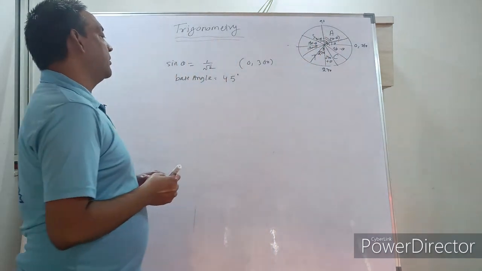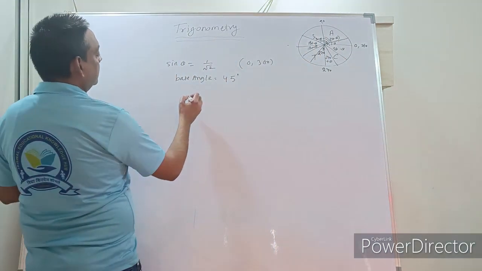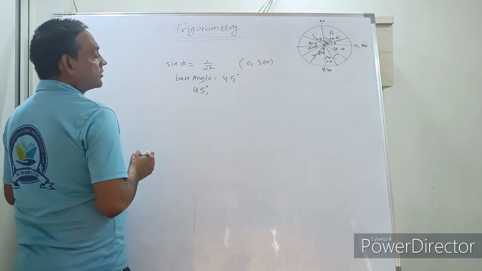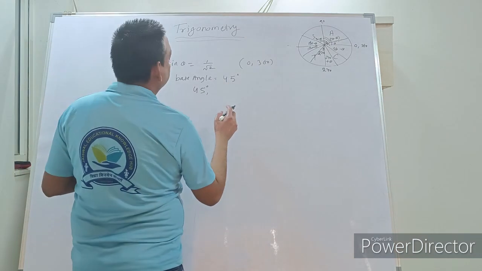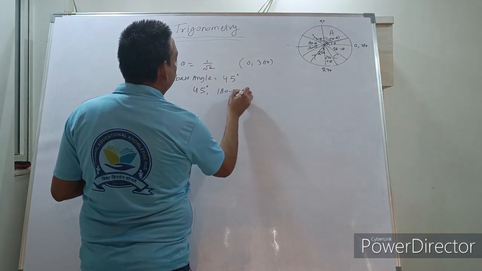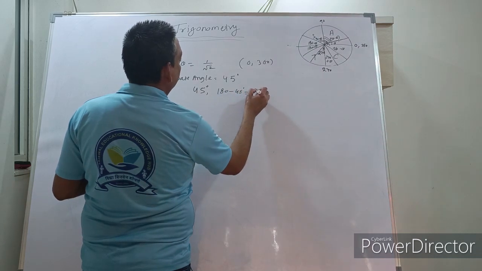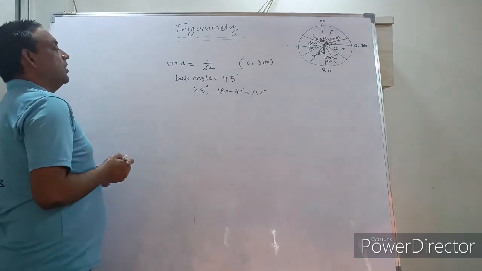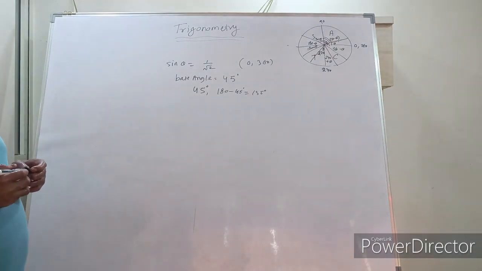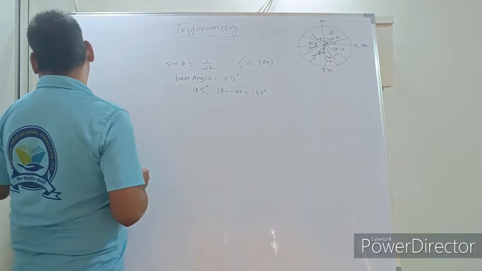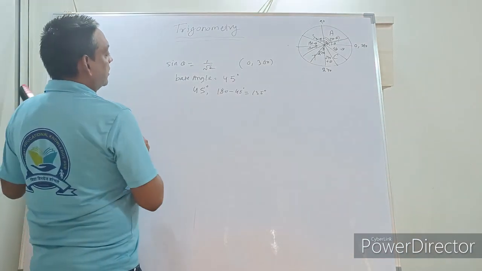So the answer will be 45 degree, because from the first quadrant we need one answer, and we need the second answer in the second quadrant, which is 180 minus 45 degree, that gives you 135 degree. So the answer for this sum is 45 degree and 135 degree. Okay, now this is by using the identity, by using the unit circle diagram.